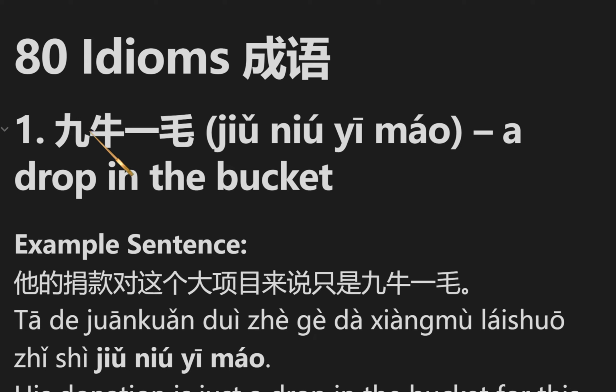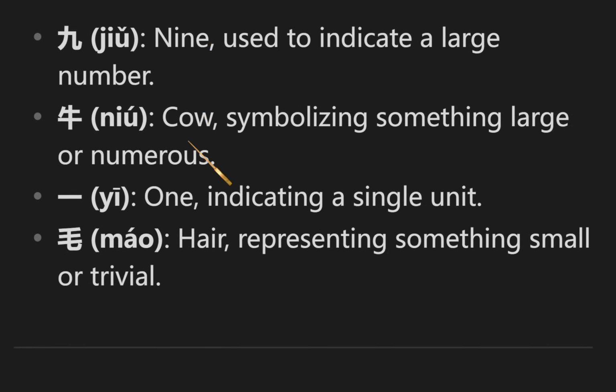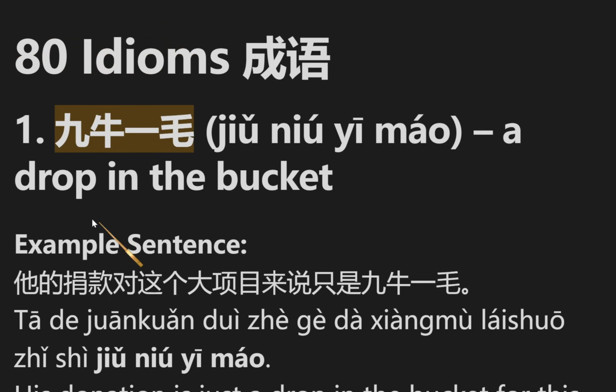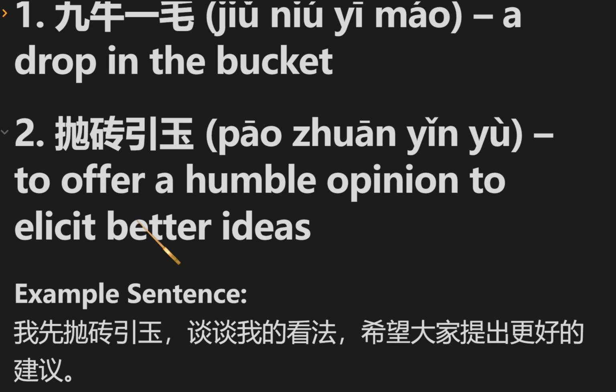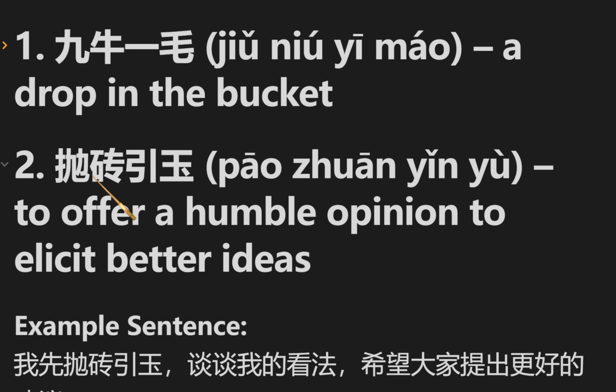And we have one new idiom for today. Last time we learned 九牛一毛, a drop in the bucket. 9 cows, 1 hair. 九牛一毛. Today we learn a new one. 抛砖引玉. 抛砖引玉.